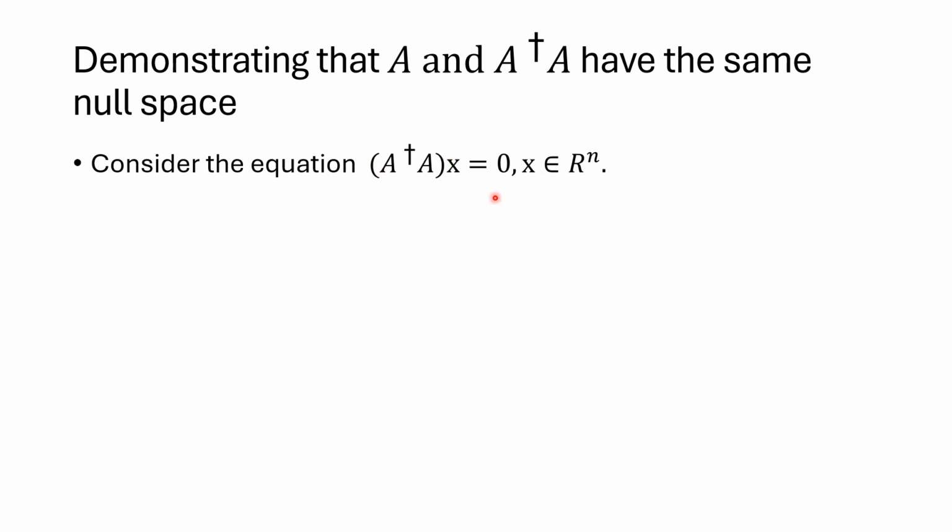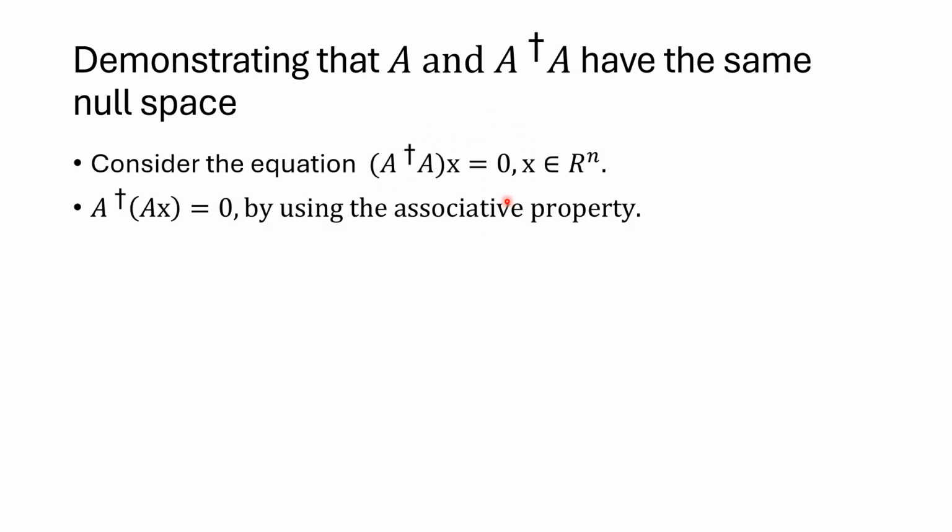First, let's set this equation up, right? This homogeneous equation. Basically, you'll see that only for x belonging to the null space of A transpose A can we have this equation equal to 0. Now, what we can do is use the associative property and group Ax together.